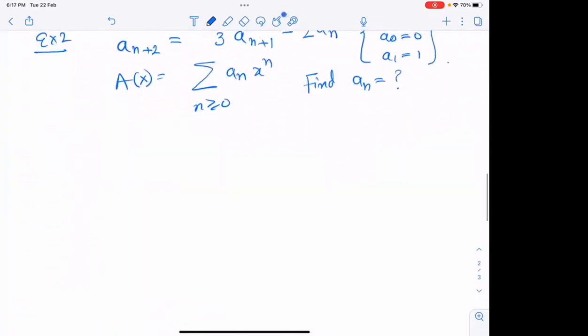So let's look at a product rule, which is very useful.